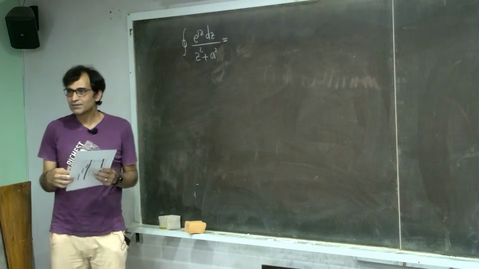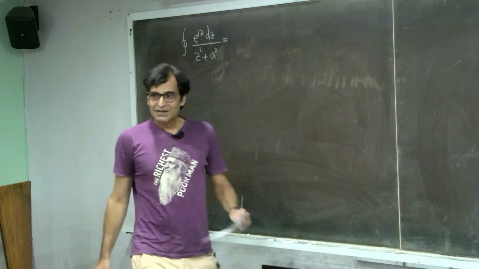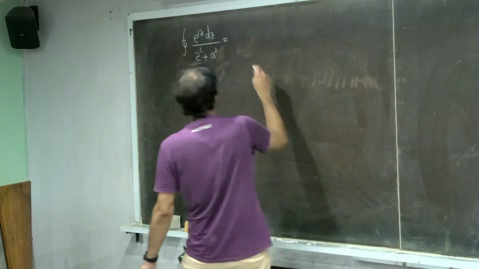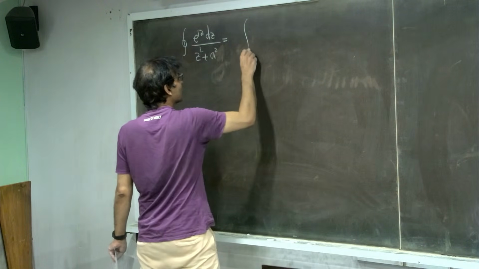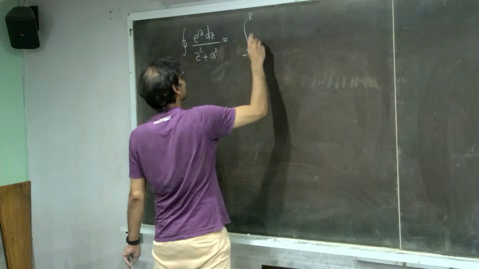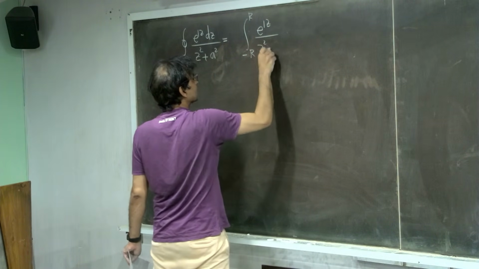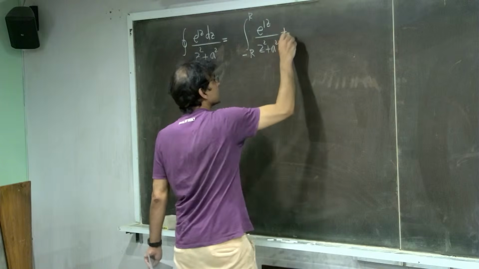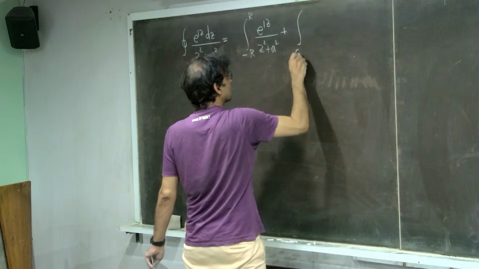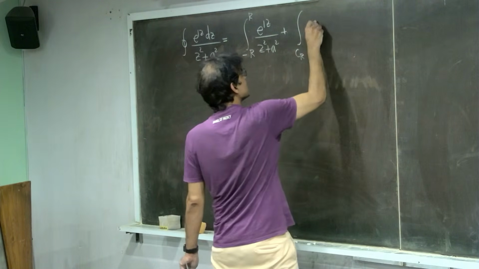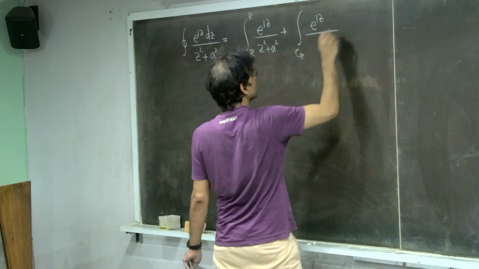This is a closed contour, right? Can you do it like this one? So this is equal to the integral from minus r to r of e to the power iota z over z squared plus a squared, plus a contour on a semicircle of e to the power iota z over z squared plus a squared.